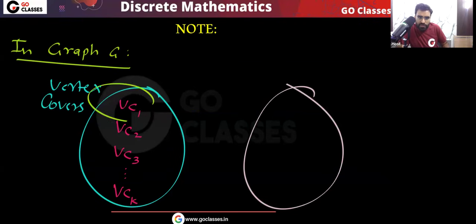So for every vertex cover, there is a unique independent set associated with it. What is that? That is V minus VC1.